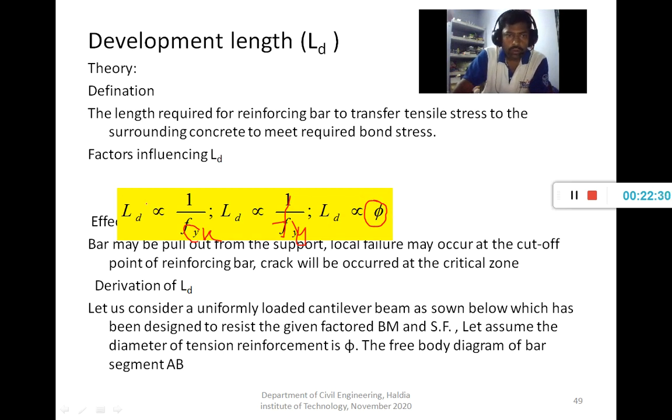So the factors involved in Ld are the grade of concrete, grade of steel, and diameter of the bar. Development length is inversely proportional to the grade of concrete, proportional to the yield stress, and proportional to the diameter of the bar.